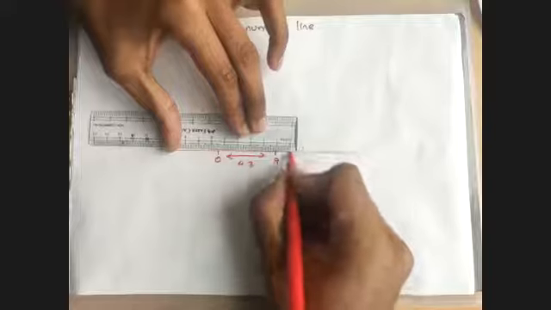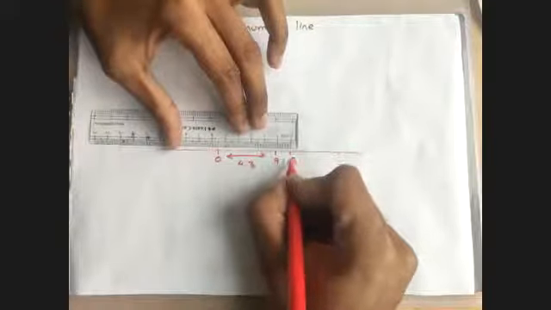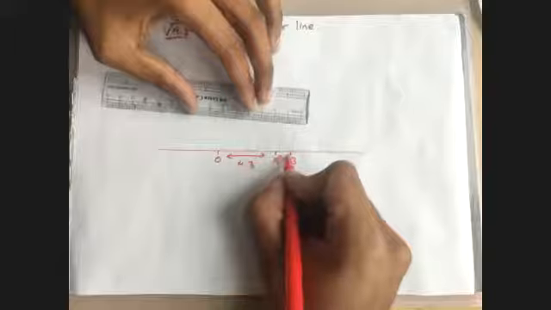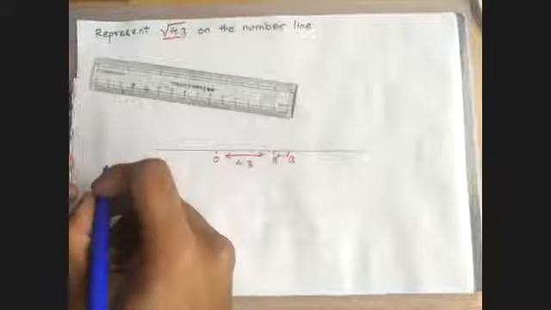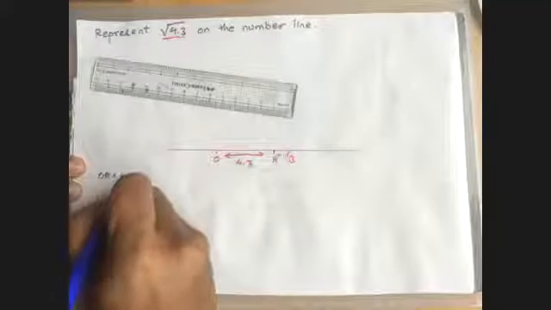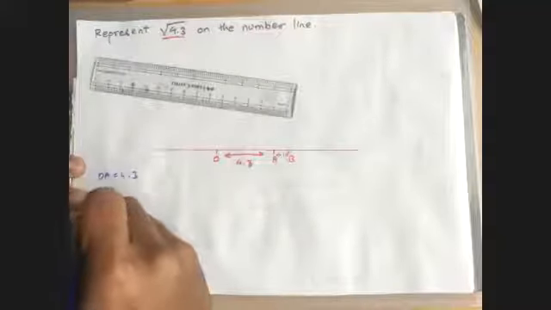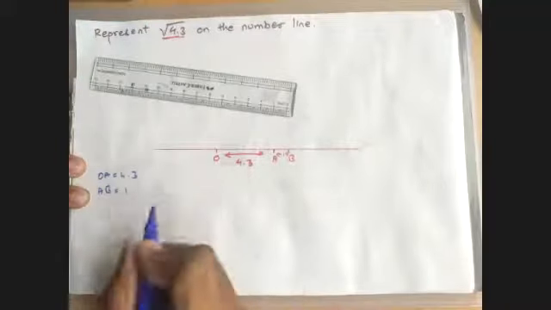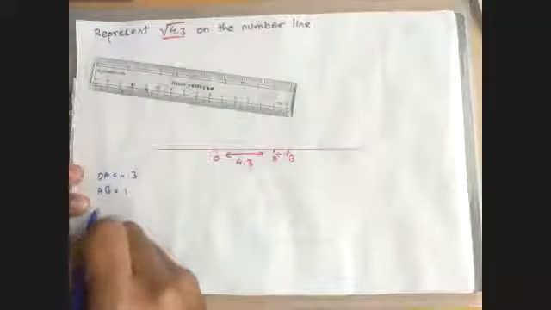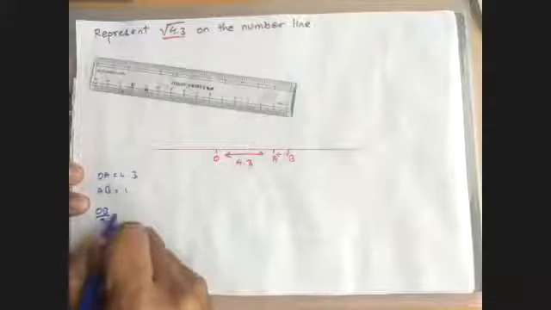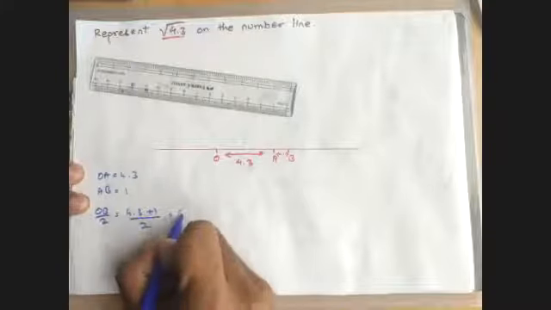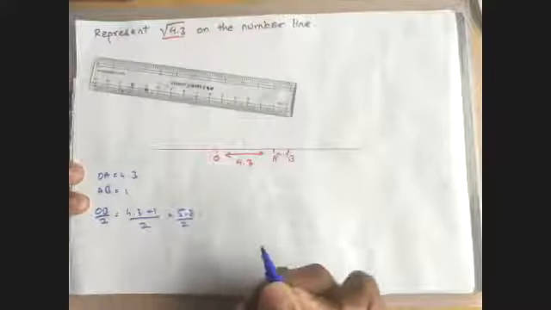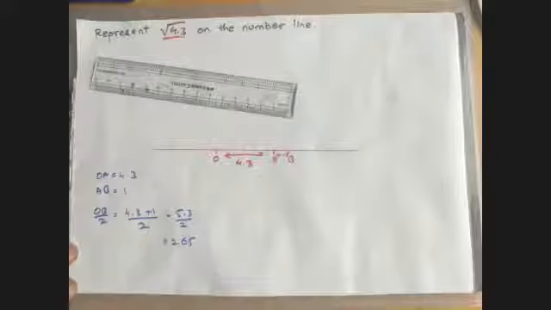And then I will take a unit length B, and the distance out here is 1. We saw that OA is 4.3 and AB is 1. Now I take the midpoint, that is OB by 2, which is equal to 4.3 plus 1 by 2, that is 5.3 by 2, which is equal to 2.65.